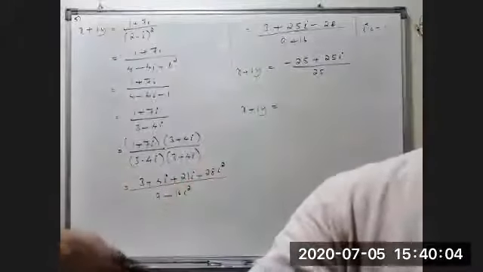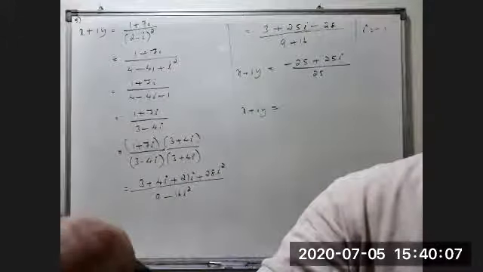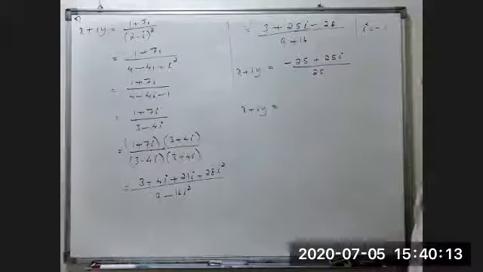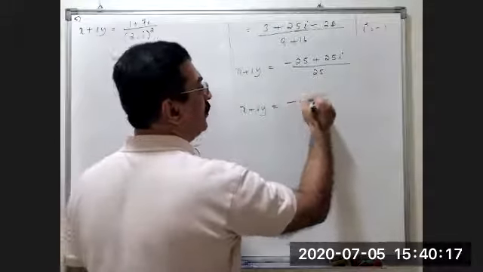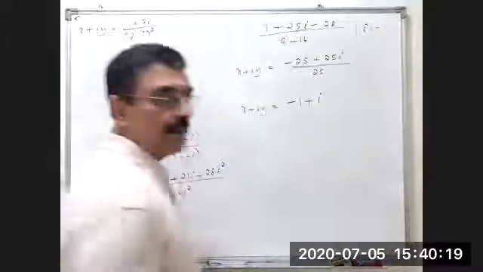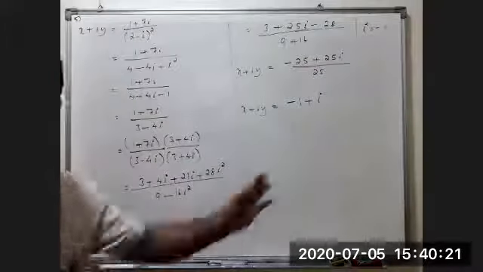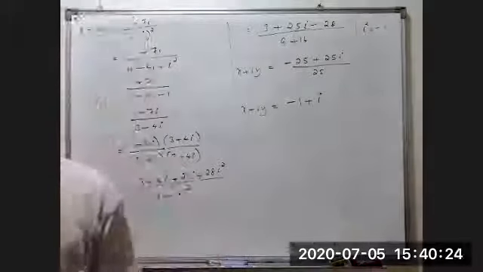How will you write it? Real part separate, imaginary part separate. Yes, correct. Some of you wrote the answer. Minus 25 by 25 is minus 1, plus i. Write the real part first and the imaginary part second.